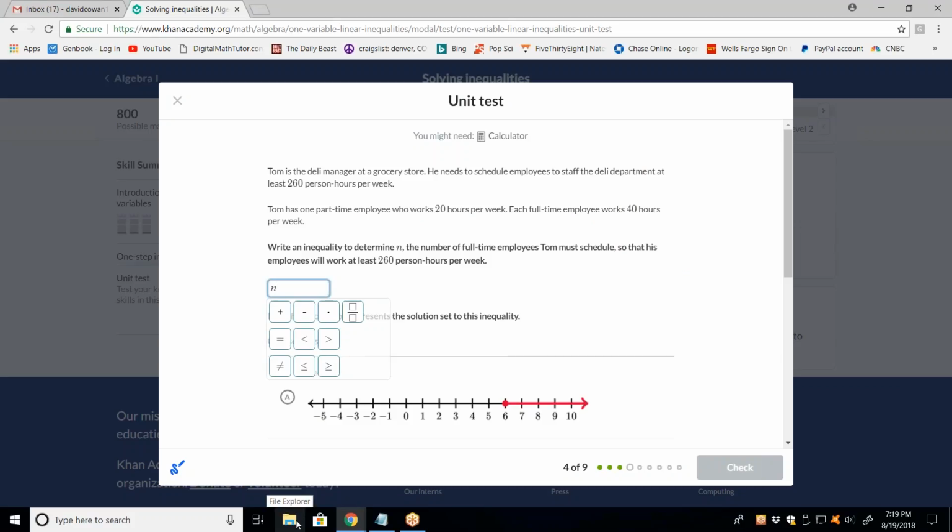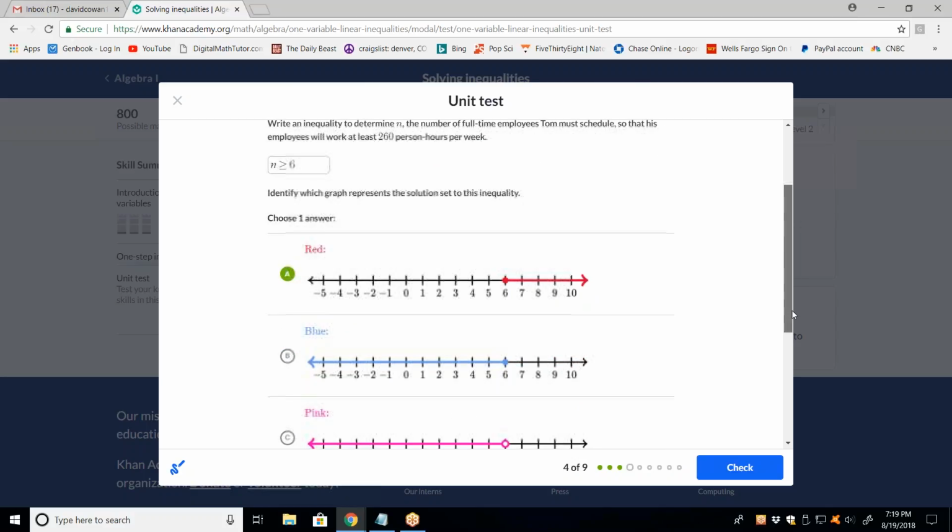N is greater than or equal to 6. And it's number A. Notice number B is less than or equal to 6. And number C is less than 6.